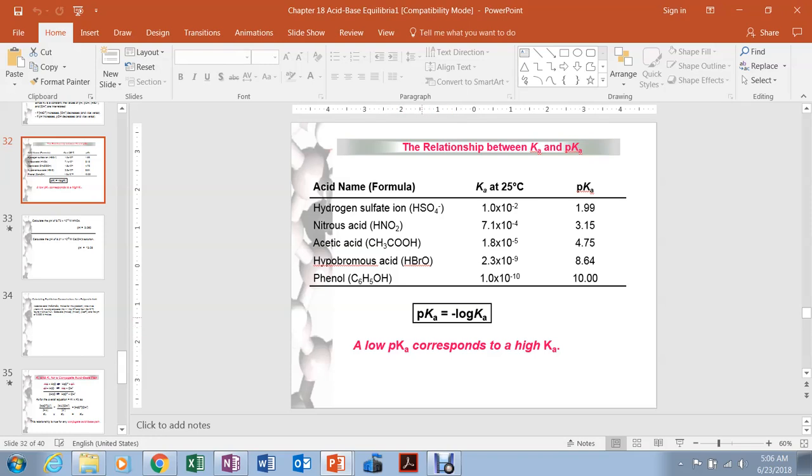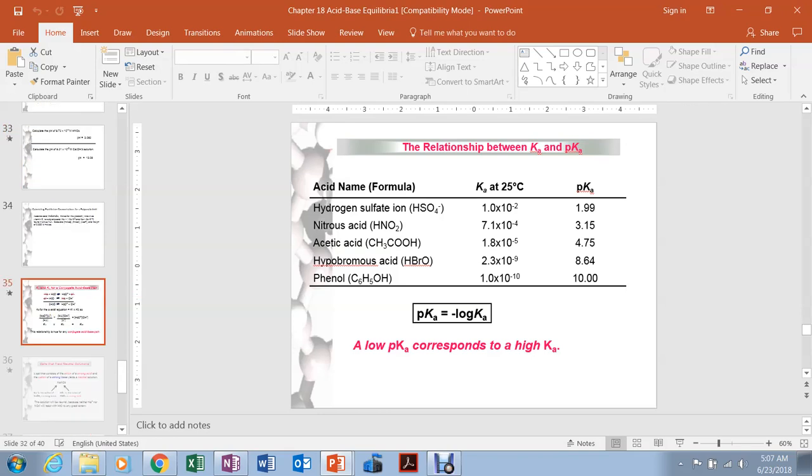pKa is the minus the log of the Ka, basically like the pH. And a low pKa, it's a high Ka. pKb would be the same thing.